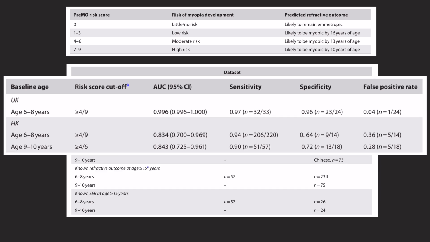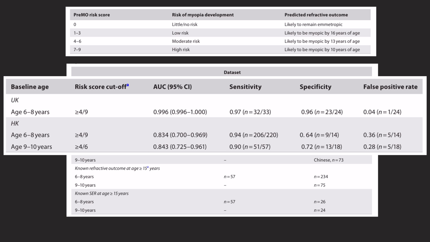If you see the sensitivity of the scoring risk cutoff, if it was kept at 4, you can see a sensitivity of almost 0.97, which is very good, and a very good specificity of 0.96. For Hong Kong children, a score of more than 4 gave a very good sensitivity but a very low specificity, and the false positive rate was 0.36.